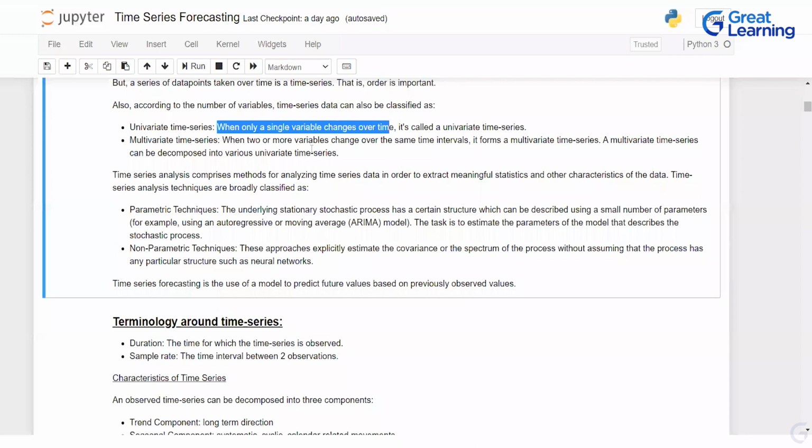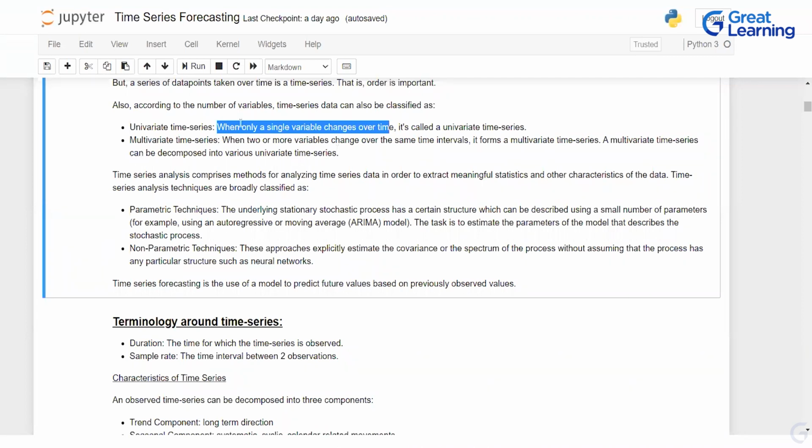When two or more variables change over the same time interval, like confirmed and recovered, it becomes a multivariate time series. A multivariate time series can be decomposed into various univariate ones. I can forecast individually for confirmed and for recovered also, but that interaction won't be there. That's why we try to do it as a multivariate.